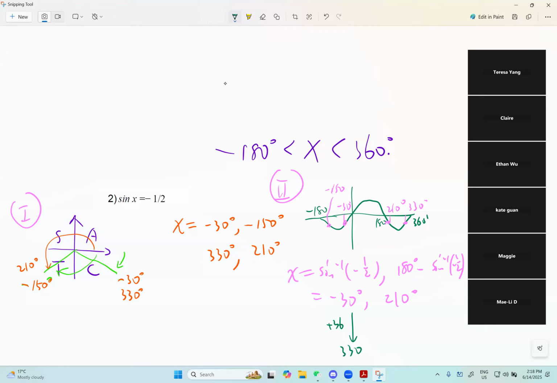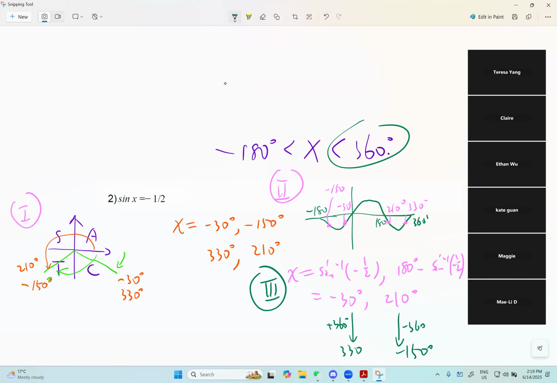This one plus 360, too big, 570. We need up to here. So let's try minus 360. Negative 150. Same answer. Okay. Did you learn solve equation in school?